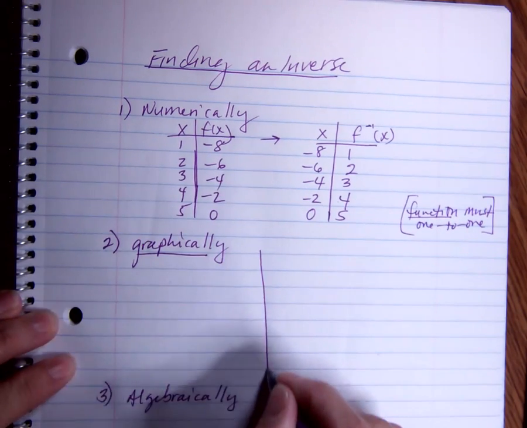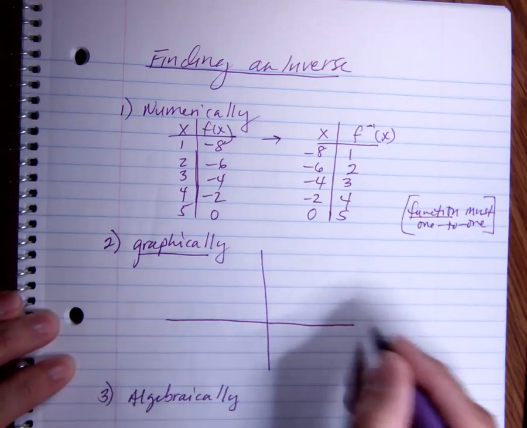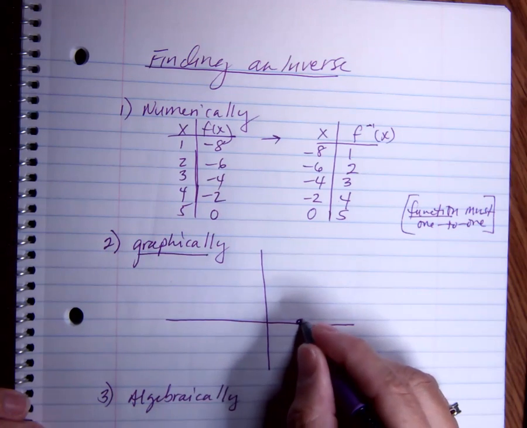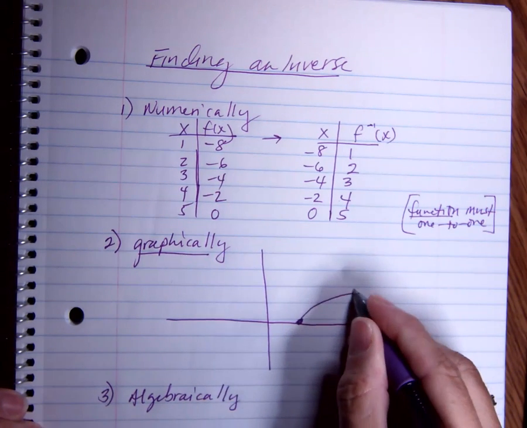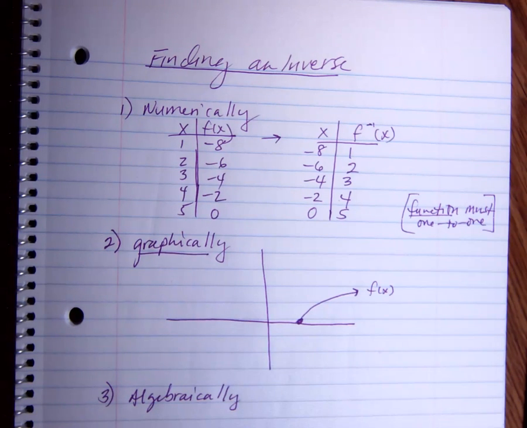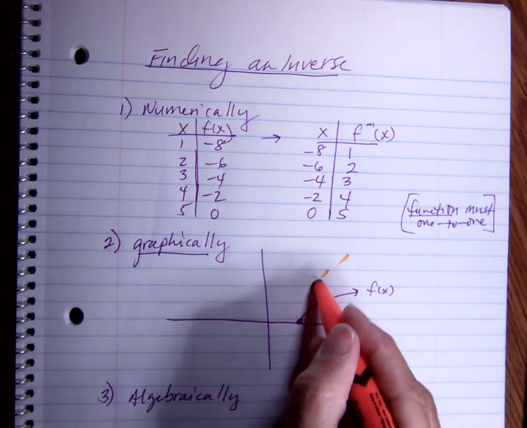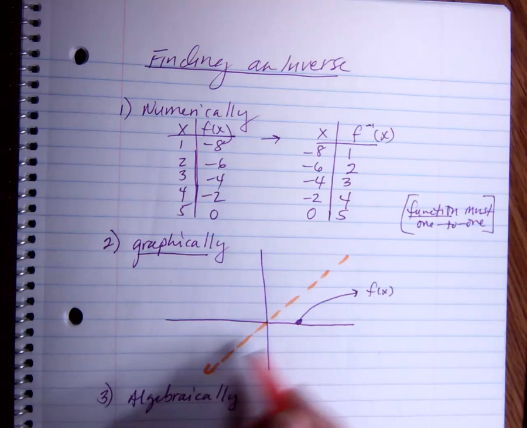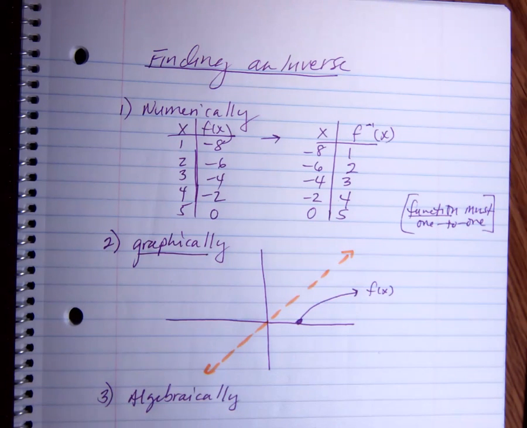So let's say you're given a graph, and it's going to be very abstract so that you can't use numbers. So if this is your function f of x and you're asked to find the inverse, then from the last example we see that the inverse is a reflection over this mirror.